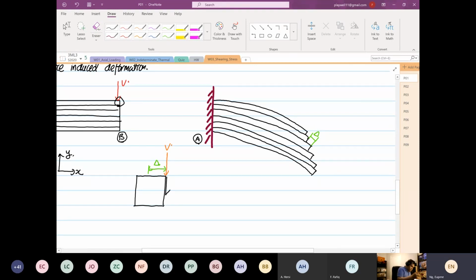The shear stress is acting on the plane that I'm highlighting in yellow. But the delta is in the direction of the pink. You can see this. The delta is measured parallel to the x-axis. The shear stress is acting parallel to the y-axis.